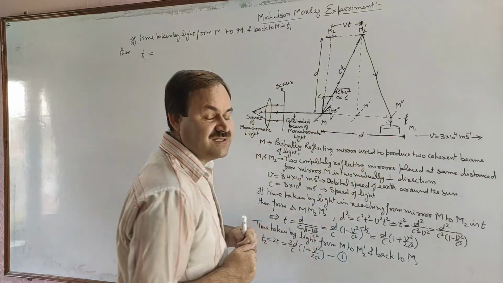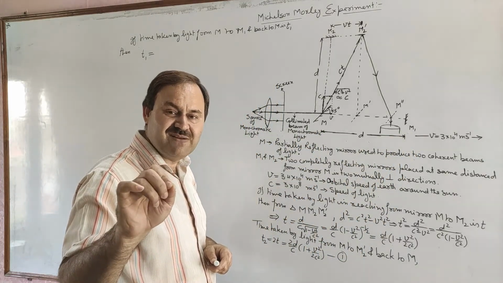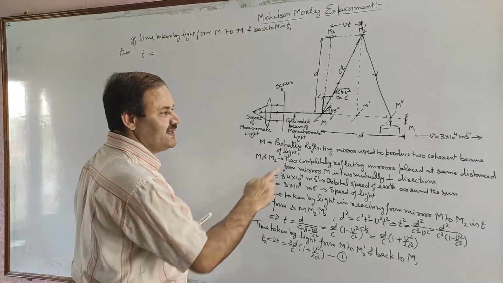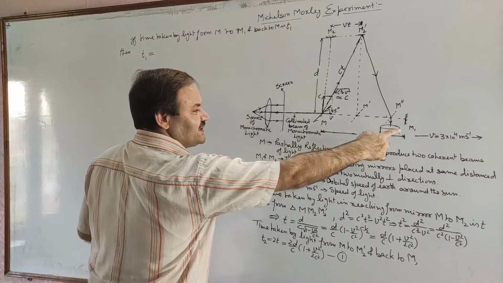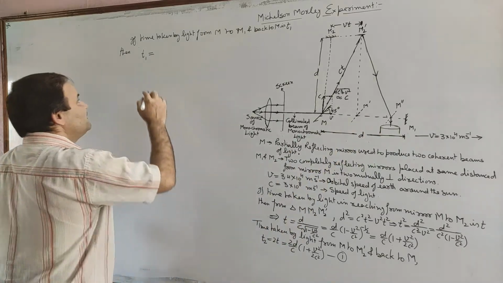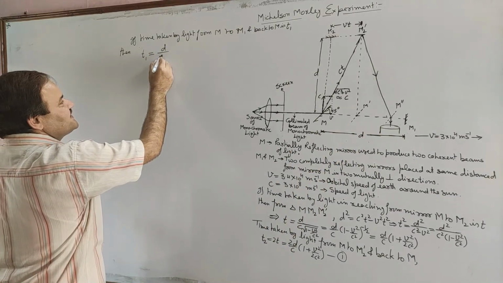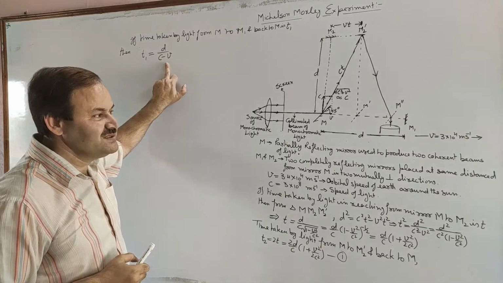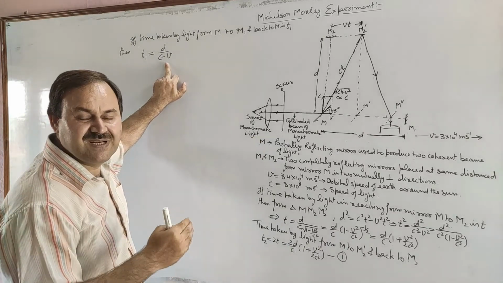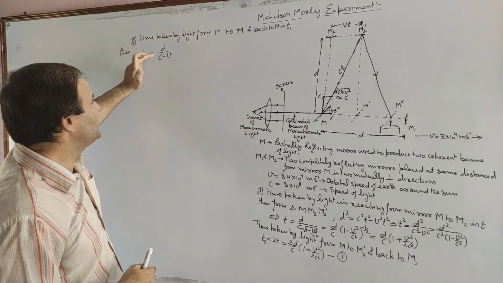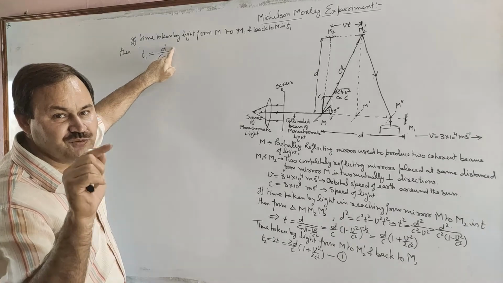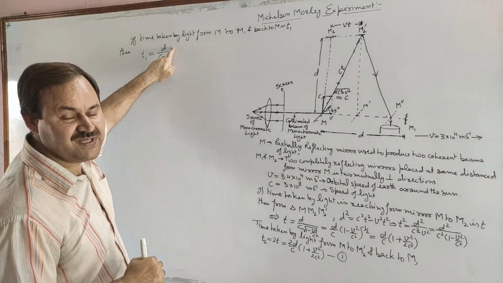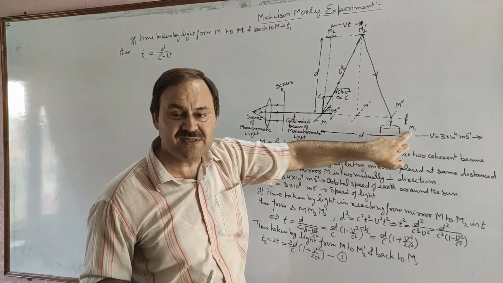Distance between these two mirrors is D. It means to strike mirror M1, light will have to cover a distance D with speed C minus V. Hence, time taken by light refracted from M and striking the M1 will be D upon C minus V. In this time, D upon C minus V, the mirror M1 will travel a distance equal to D upon C minus V multiplied by V. Time multiplied by speed, and speed of Earth is V. Speed of Earth means speed of mirror M1.